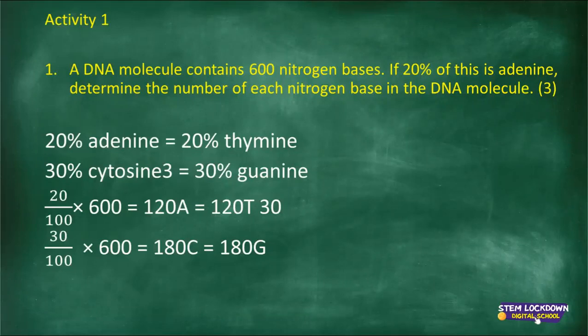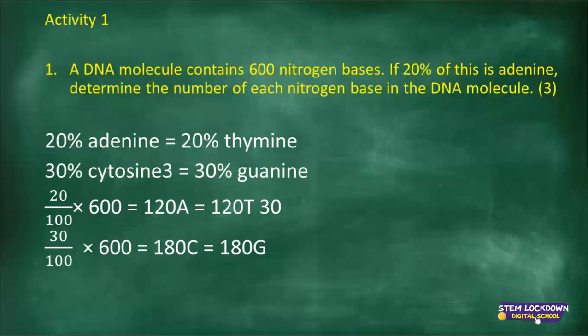Okay, so if it is 20%, then 30% cytosine is also going to be equal to what? 30% guanine. We know that cytosine alternates with guanine.